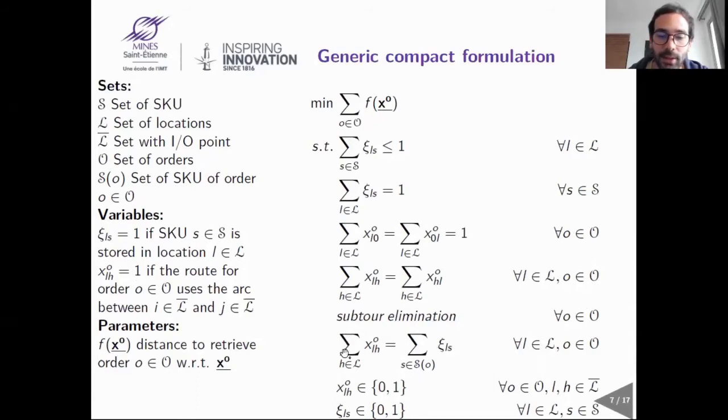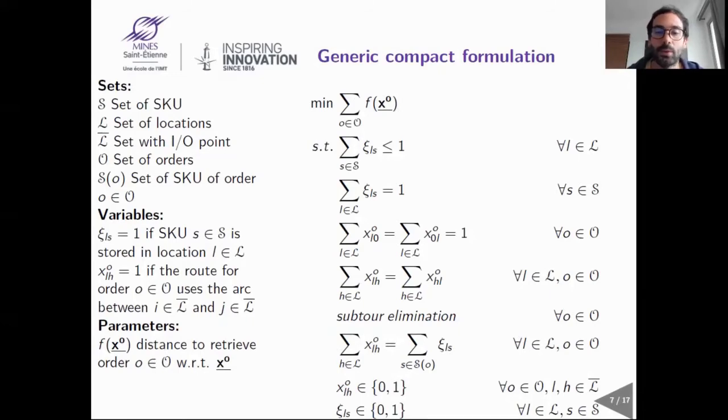Then there is the link constraint here for one order. The route servicing this order should pass by a location l if and only if there is an item to retrieve in this location. So that's the interesting constraint that links the two parts of the problem, the routing and the assignment. And the objective is to minimize the overall walking distance, that is not expressed for now because it depends on the warehouse layout and the routing policy.